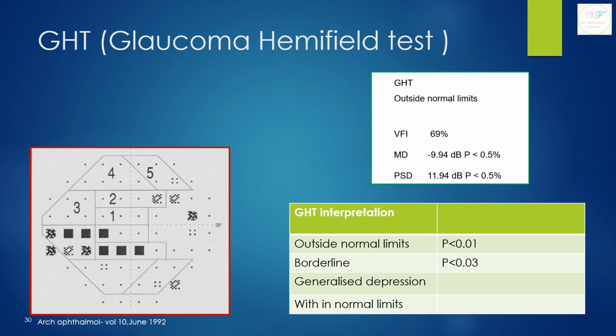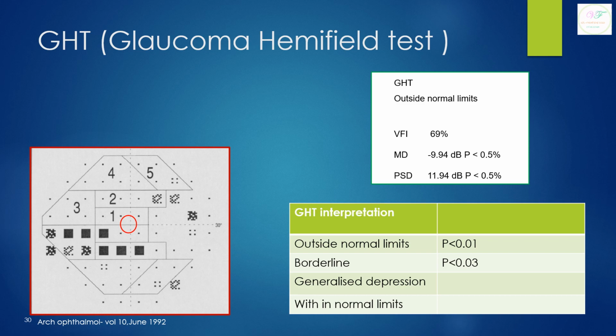Next, you're going to look at the glaucoma hemifield test. So in the glaucoma hemifield test, what is done? If this is the fixation point, 5 fields lying on either side of the horizontal raphe, that is in the superior and inferior fields, are compared. Identical fields are compared, and the thresholds in these 5 fields on both sides are compared, and whatever the difference is, that is mentioned in the glaucoma hemifield test.